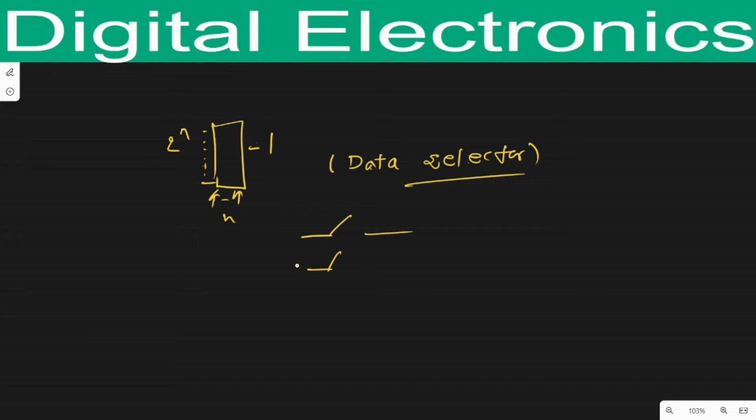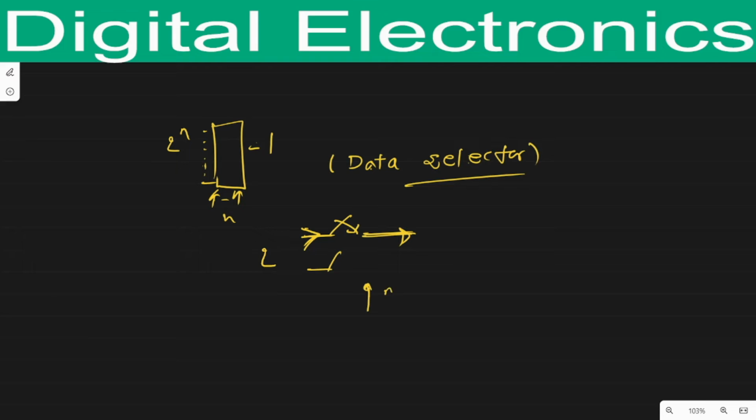Suppose there are two inputs. At that time there is only one selection line. When this selection line equals 0, the upper switch will connect this input to the output path, so this input will be transmitted towards the output.